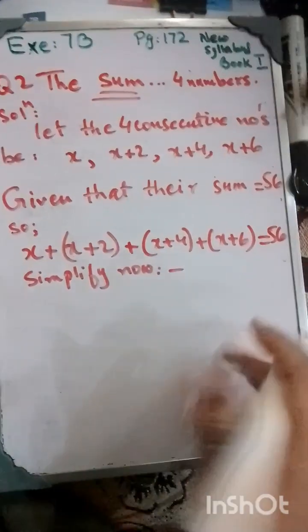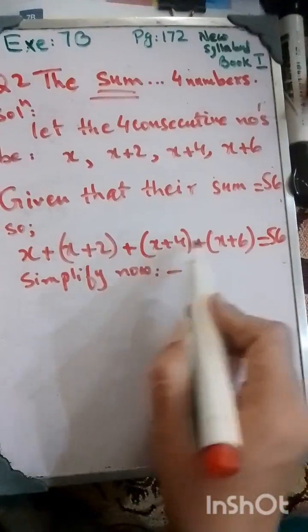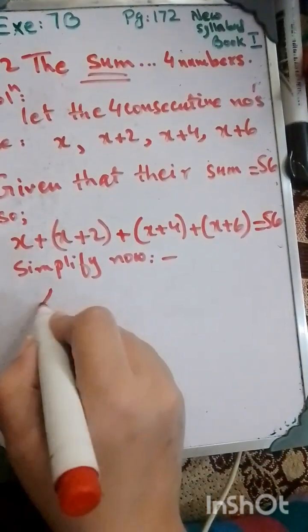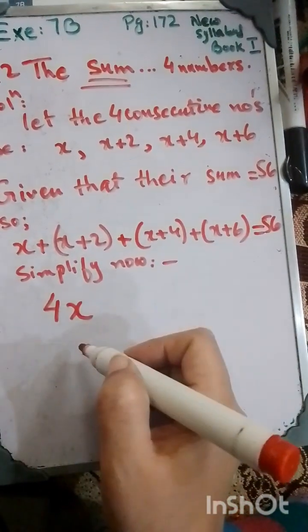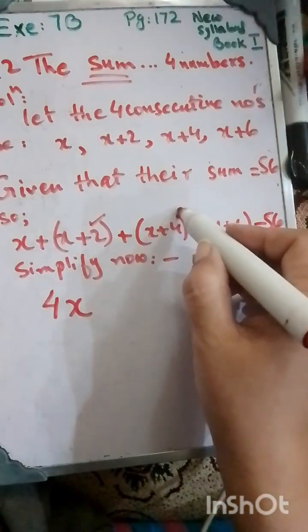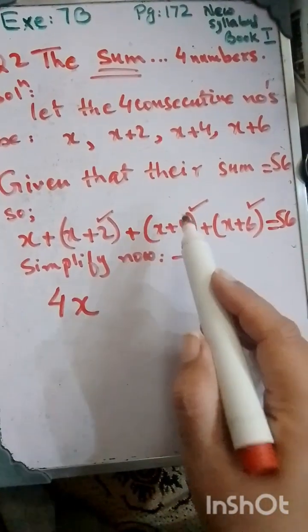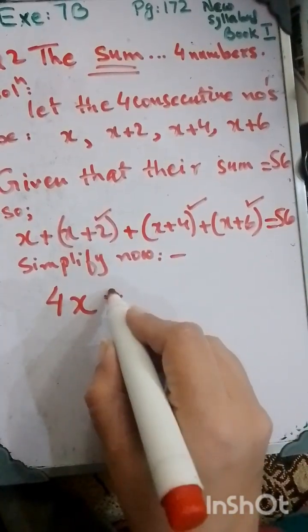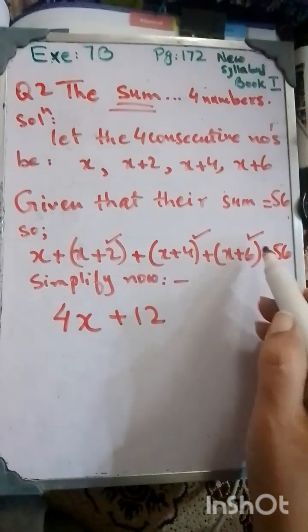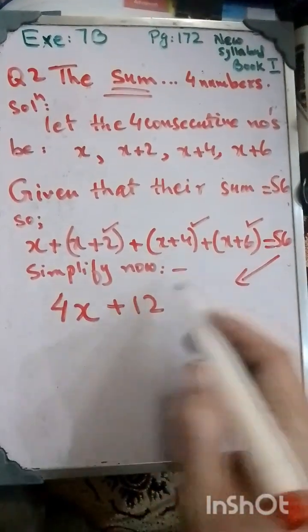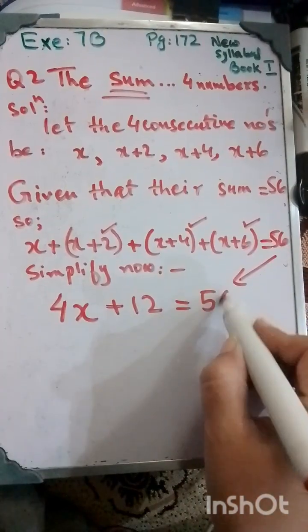As you can see, I'm just gathering all the alphabets and gathering all those constant numbers to simplify. Easy peasy. Equals 56 will remain the same.